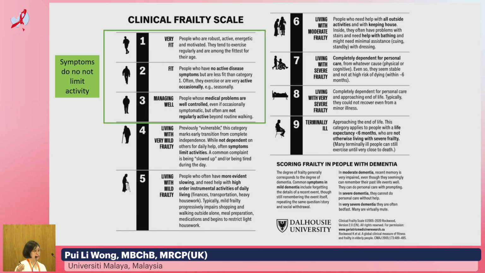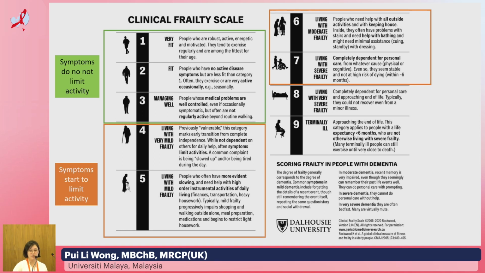And then you've got 2, which is fit. These people have active disease, but it's well controlled, and they exercise occasionally or seasonally. And number 3 would be someone who's managing well. They walk and they're fine, but they don't exercise at all. So this is the scale from 1 to 3, and I'm probably between a 2 and a 3. I don't know about the rest of you. Okay?